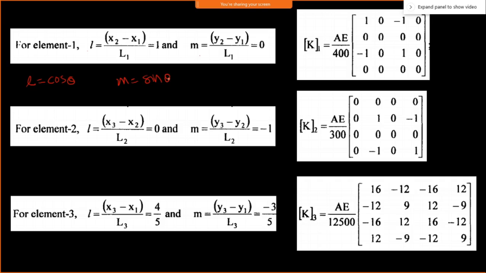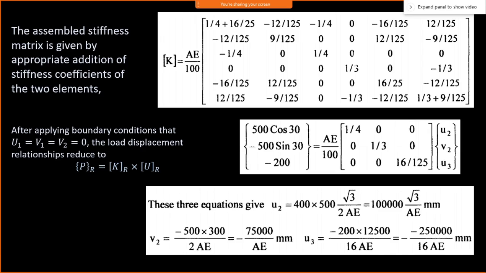That is also a way by which we can determine them. So we can get l here. Similarly, I will get a stiffness matrix for element number 1, then for element number 2, then for element number 3. So I'll get all three stiffness matrices. I need to create an assembly of them.